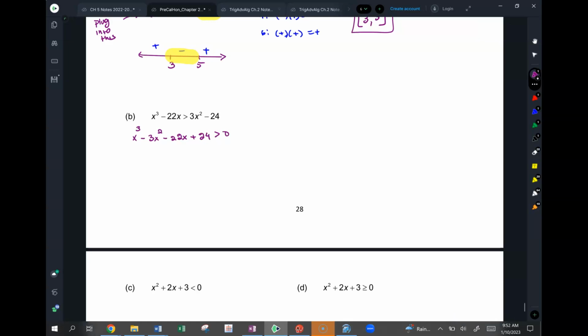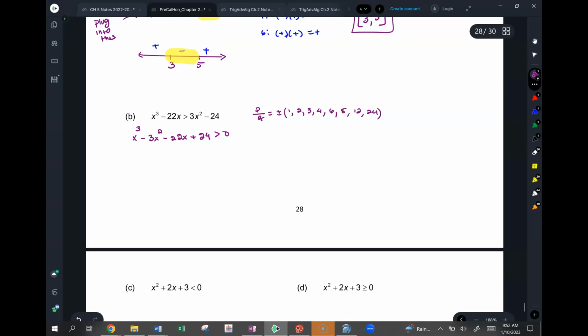Okay, so guess what? This is not factorable. You can't factor it by grouping either. So guess what we're going to do? The P over Q. So P over Q is plus or minus 1, 2, 3, 4, 6, 8, 12, and 24.